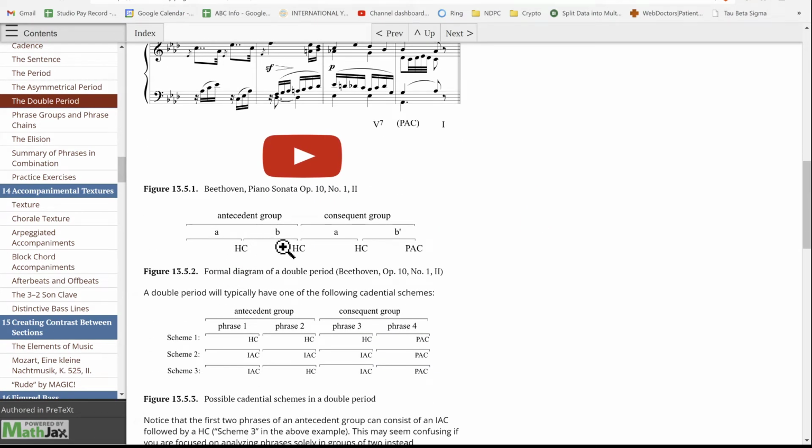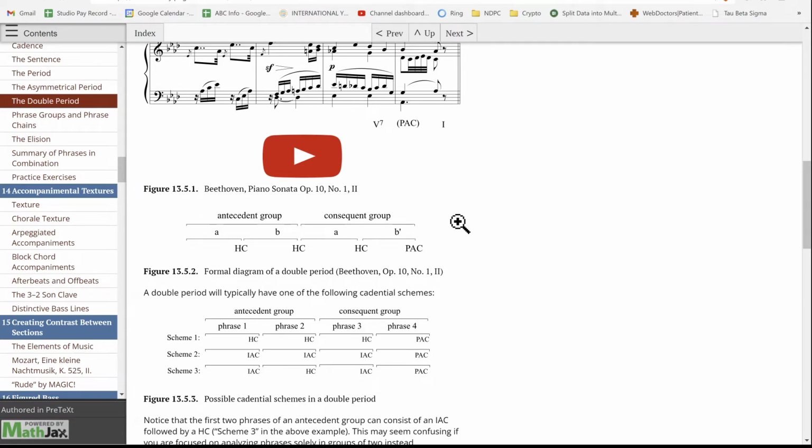In this case, we have phrase A, phrase B, and it repeats, phrase A, phrase B. Okay, but in this case, in order for this to work, they have to be the same. So the melody has to be the same. And a very important thing, the first cadence must usually be a half cadence, okay, for phrase B. So if you see AB and it ends in half cadence, and AB again that ends in, say, an authentic cadence, you definitely have an argument for a double period, where you would call the first period the antecedent group and the second period the consequent group, right?